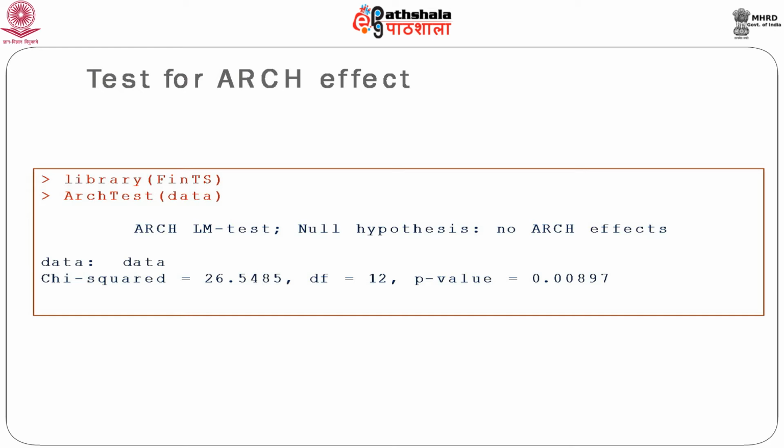I'll fit the GARCH here in two ways. First, the tseries library that I use here, and in the tseries library the function is garch. There you can pass the data and specify the order, and trace equals false, just to avoid the intermittent iteration steps.